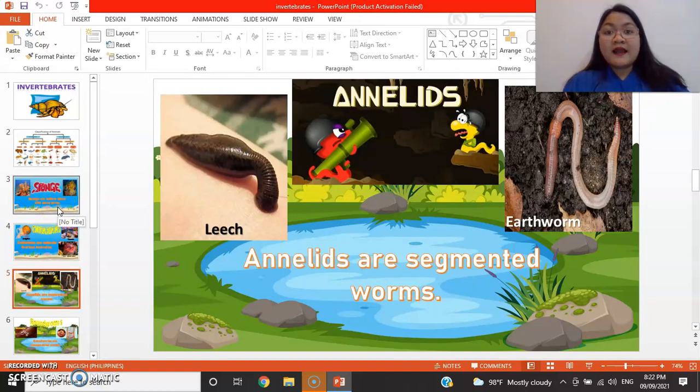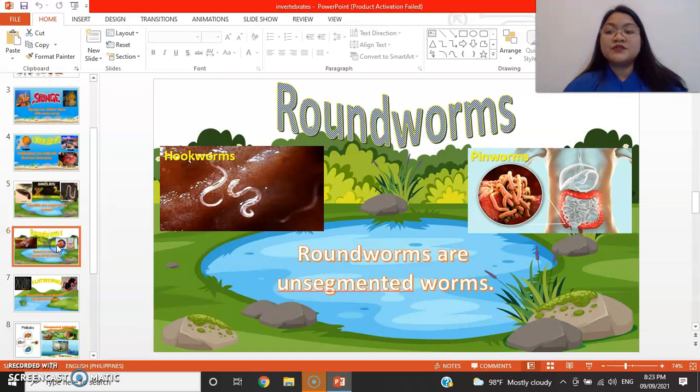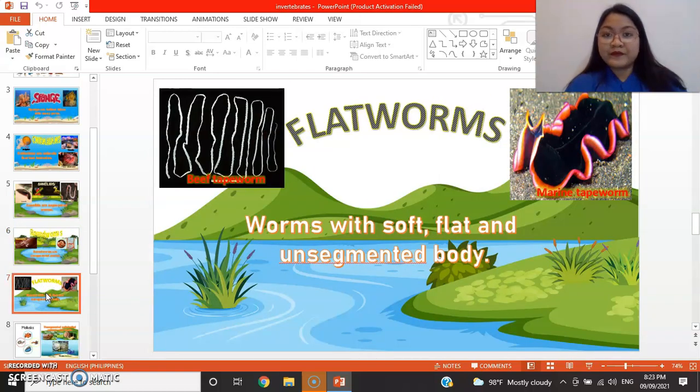Annelids, segmented worms with ring-like body. How about roundworms? Very good. So roundworms are unsegmented worms. How about flatworms? So flatworms are worms with soft, flat, and unsegmented body.